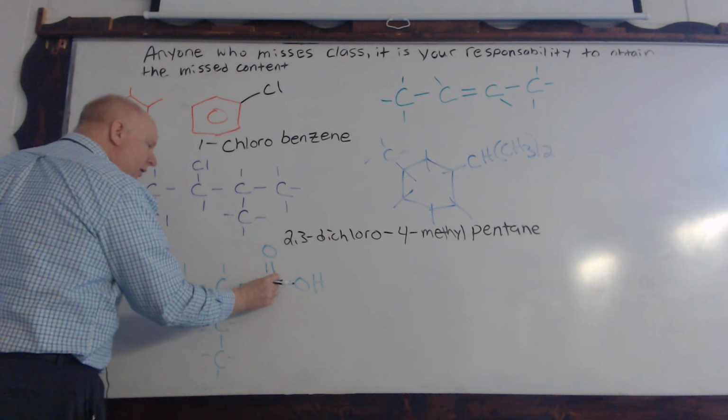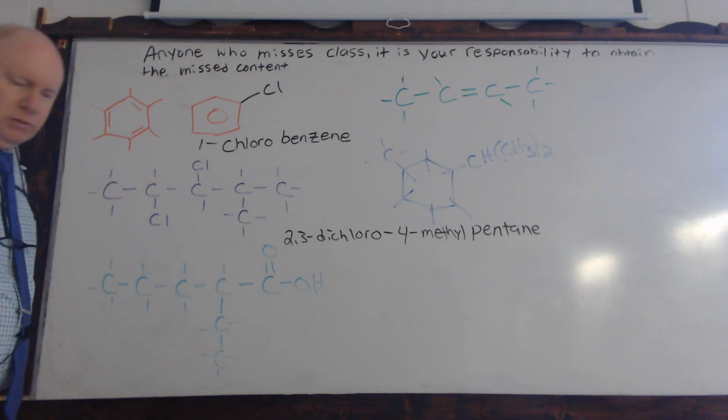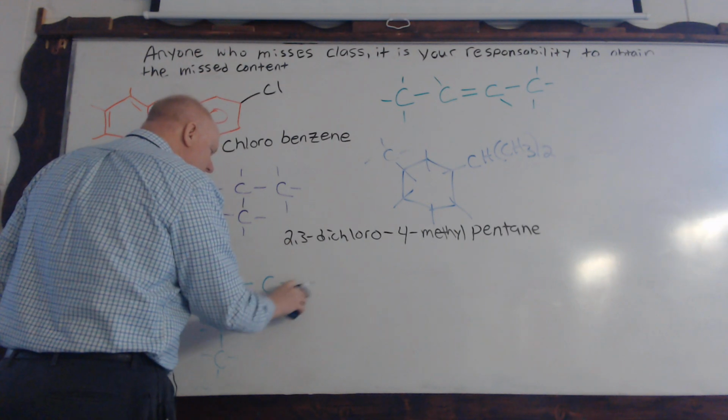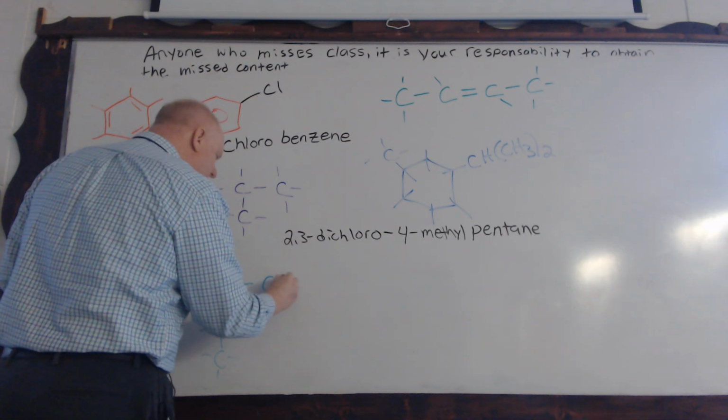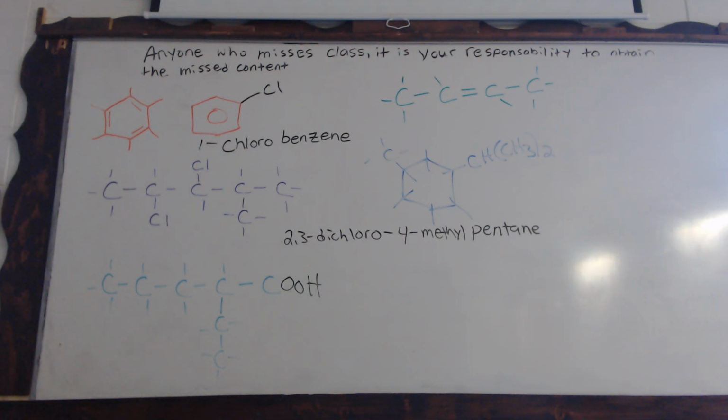This right here, COOH. And if you wanted to, there's nothing wrong with writing it this way at the end, because that is still saying the same thing. It's just not showing you the different types of structures.